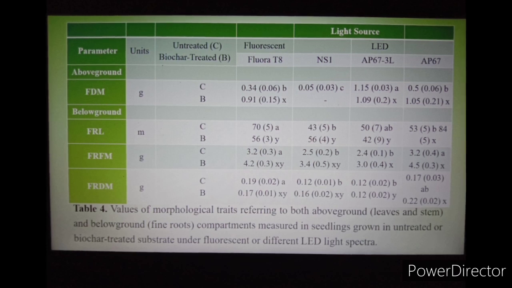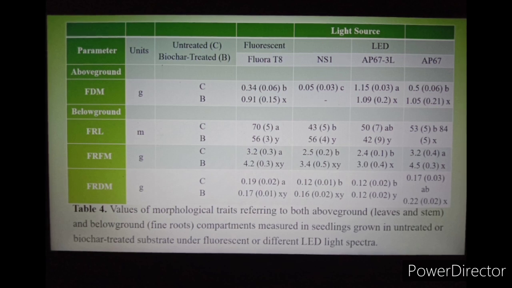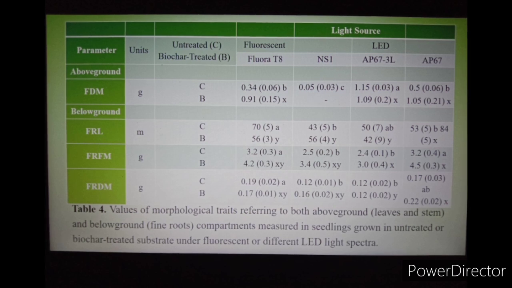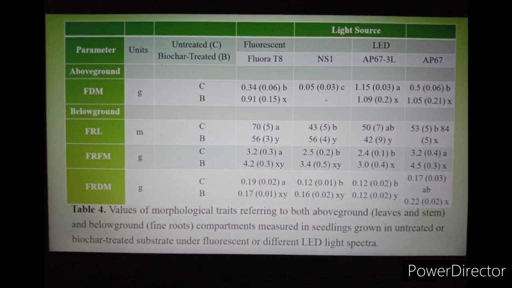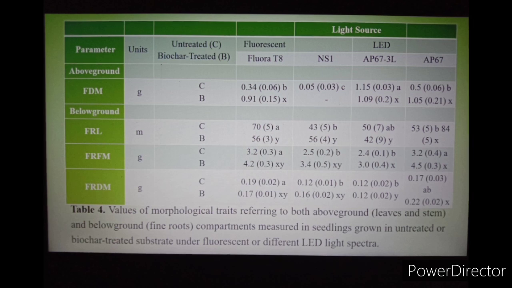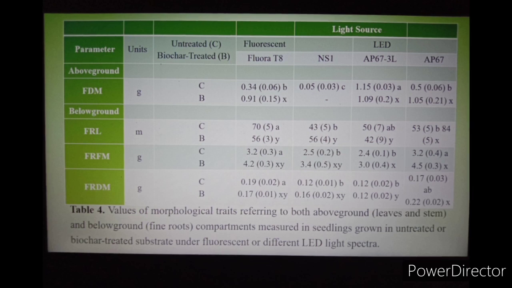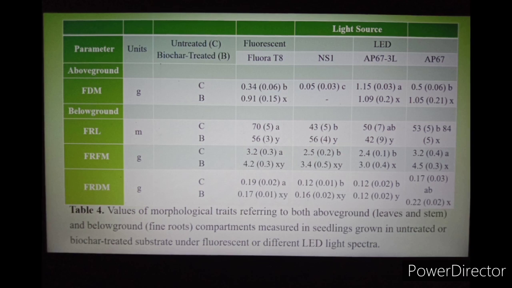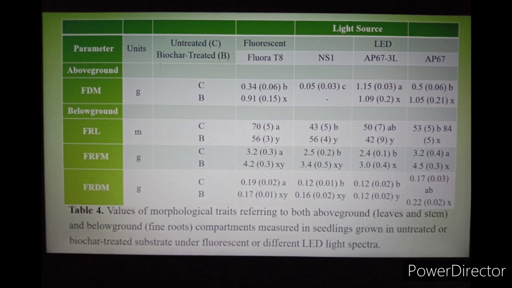For seedlings grown in control media, the fine root length was greatest with fluorescent light and lowest with NS1 and AP67. As we can see, AP67-3L seedlings showed intermediate values.